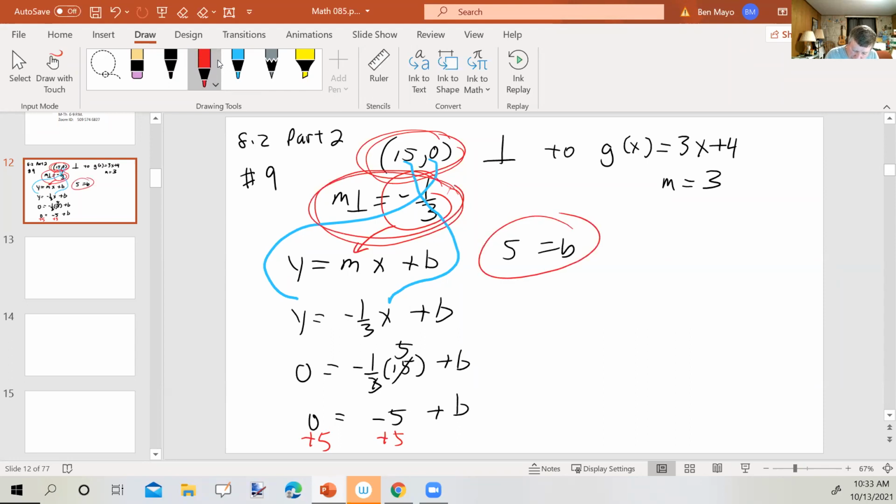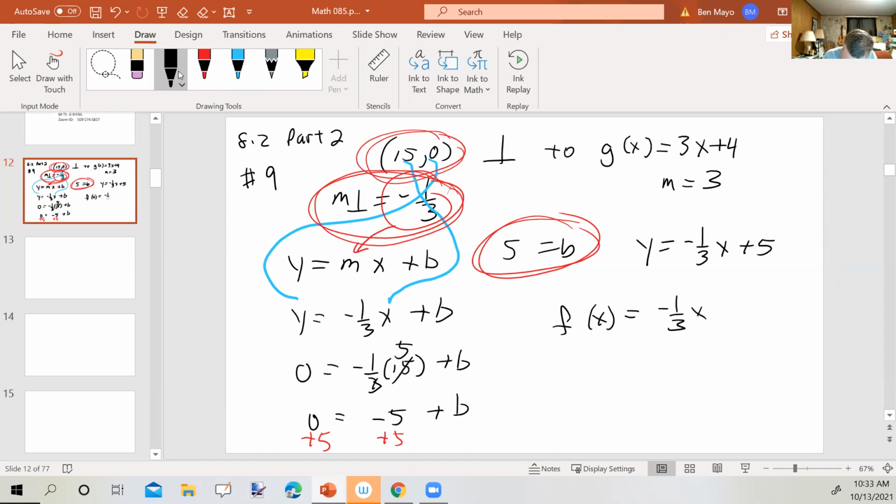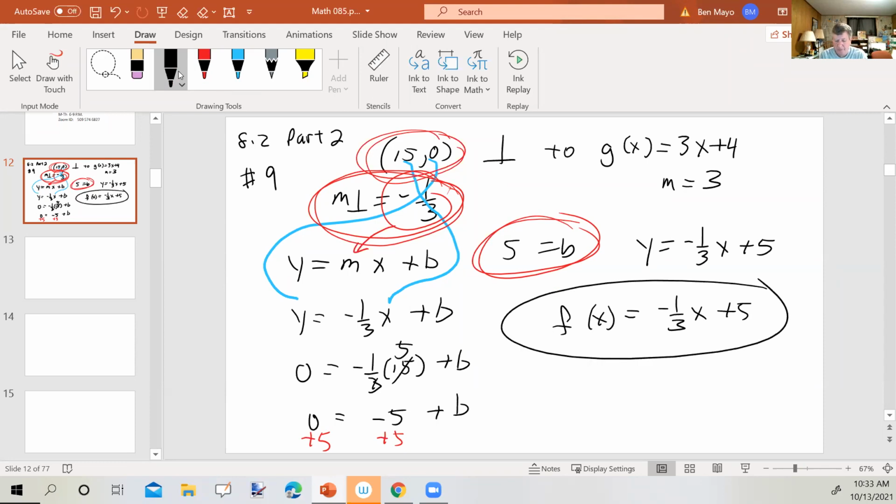So now we've got m and b. So y equals negative 1/3 x plus 5, but we're going to write it as a function. So f of x equals negative 1/3 x plus 5. So we used g of x to get its slope.